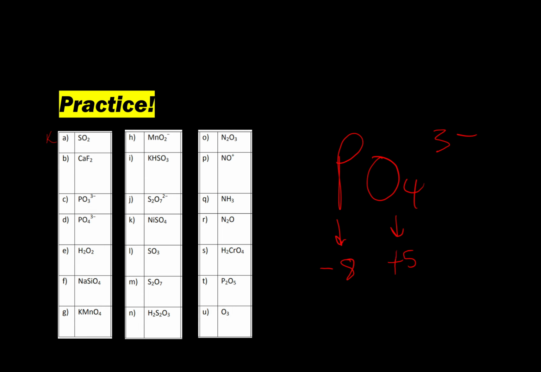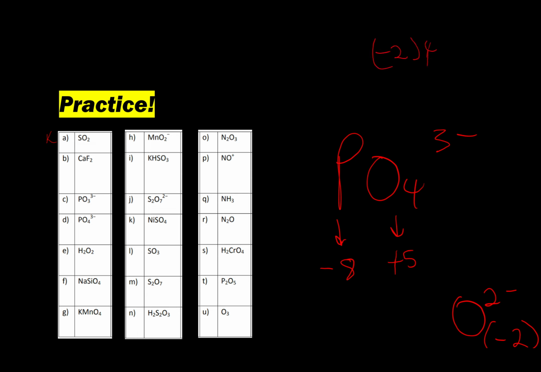All right, so let's see if we could use the rules. We commit them to memory, so we just use them. Oxygen on its own has a 2 negative charge, therefore its oxidation state is -2, right? So one oxygen is -2, and there are four of them.